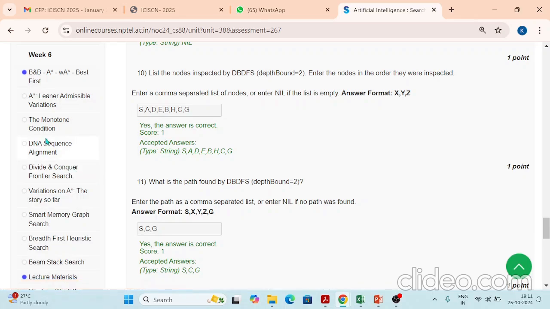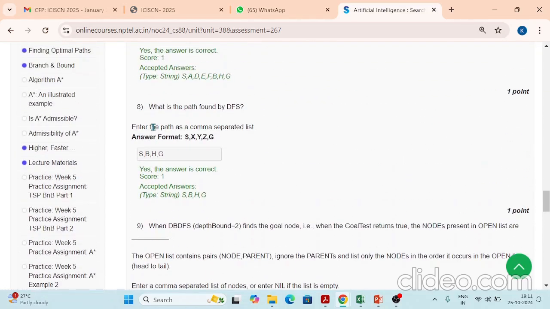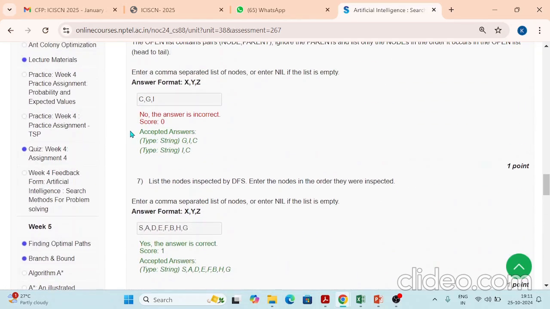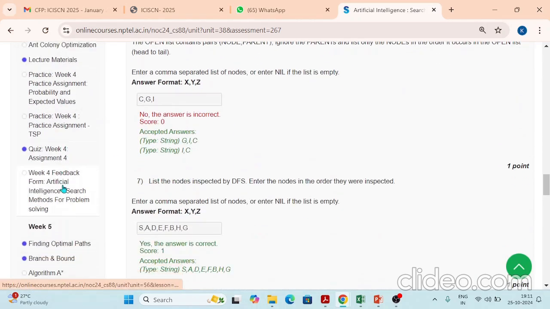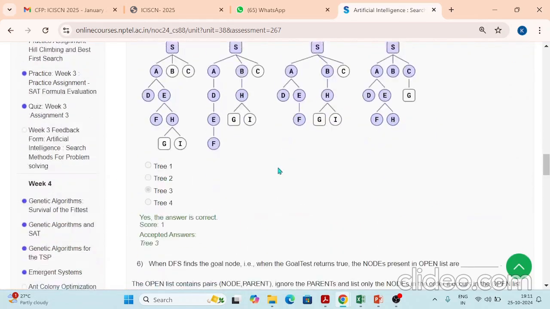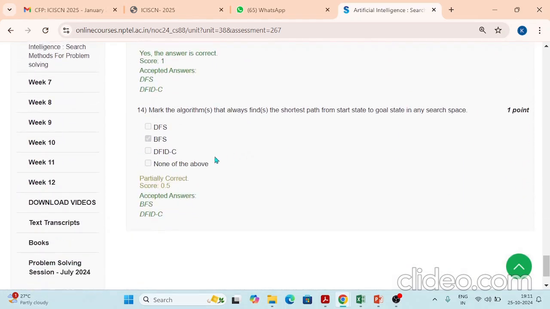Sometimes we get confused while solving problems with best first search and A star algorithm. Be careful while calculating those values: f of n, g of n, h of n. They ask these types of questions, so remember these values.